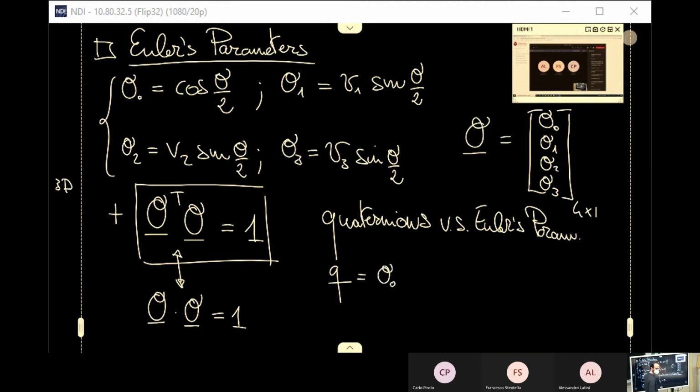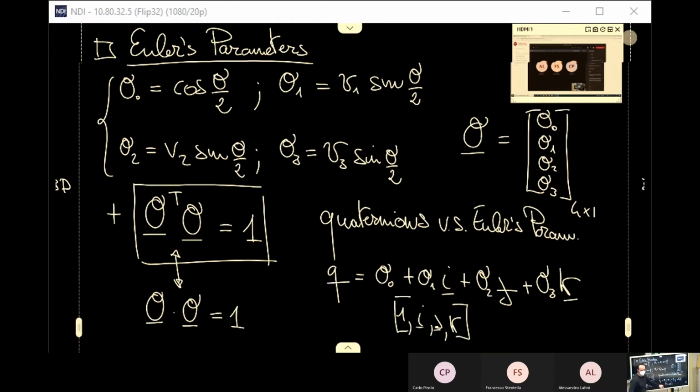Theta 0, which is a scalar, plus theta 1 multiplied by a unit vector i, plus theta 2 multiplied by a vector j, plus theta 3 multiplied by a unit vector k, where the base vectors of the space where the quaternions live are defined by 1, the scalar number 1, i, j, and k.